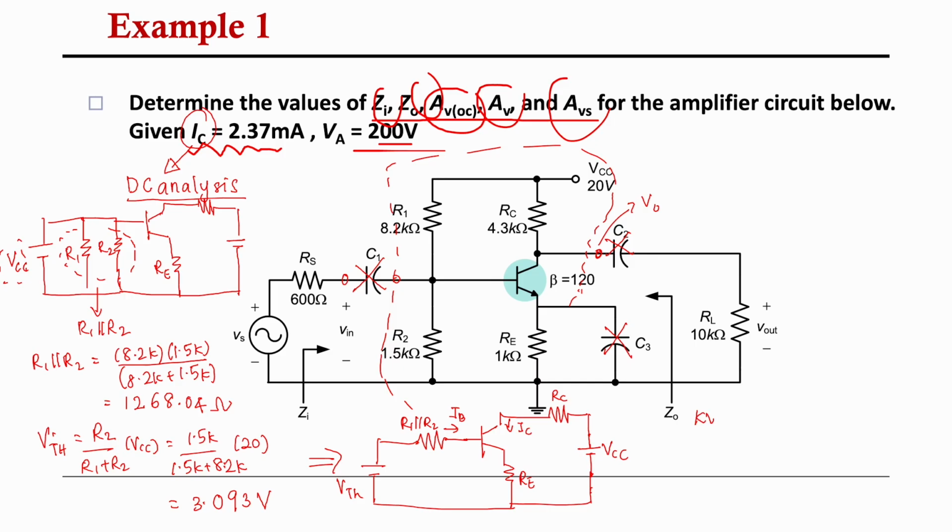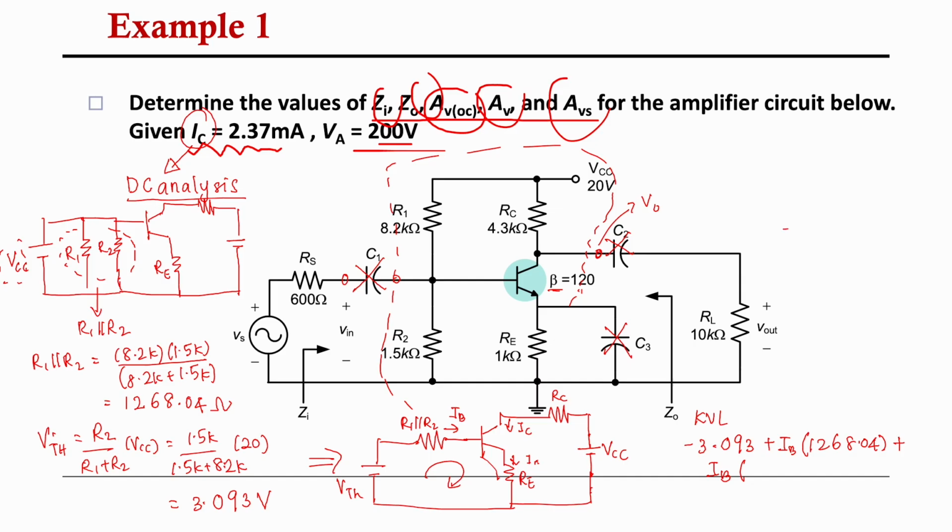So for the KVL of the input loop here, you will get negative 3.093 plus IB times the value of R1 parallel R2, 1268.04, plus the current that flows here, which is IE. The beta is already given to us.